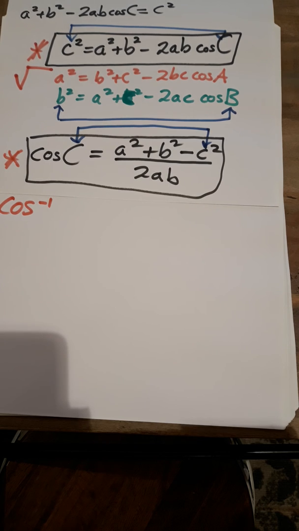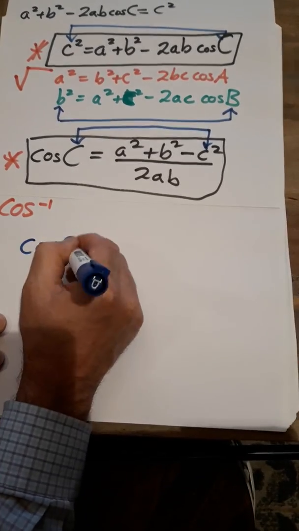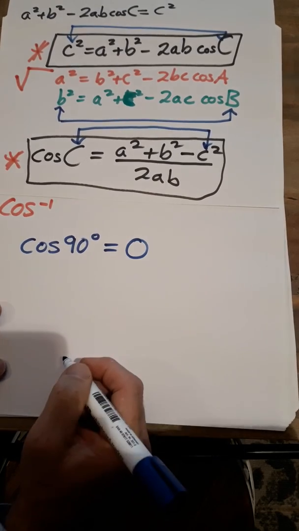Now, to answer the question, why is it that the cosine rule is sometimes called Pythagoras for all triangles? Well, consider what cos of 90 degrees is. Cos of 90 degrees is 0.